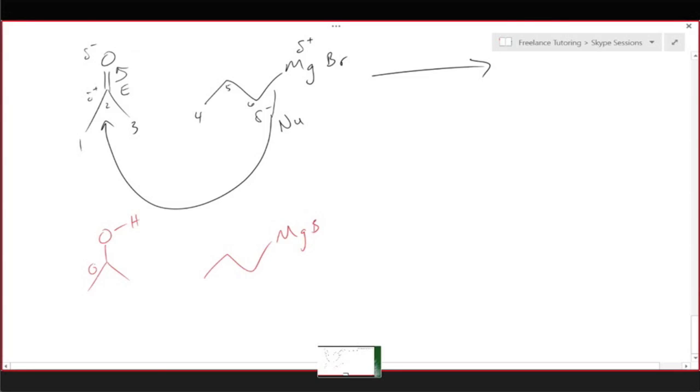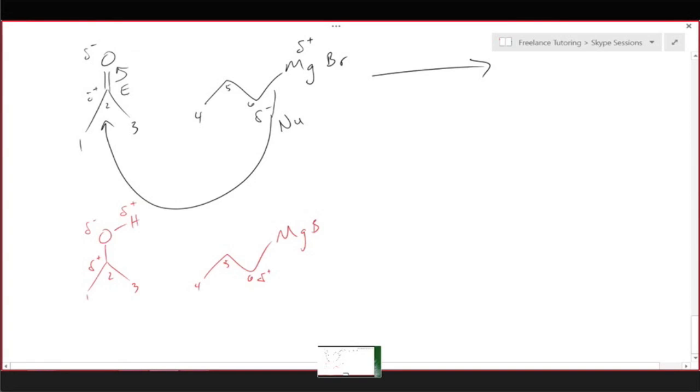This would still be a delta positive, as would the other carbon here, carbon 6. But it is not a carbonyl, and so does that mean that it would not likely be the electrophile, even though it has a delta positive?